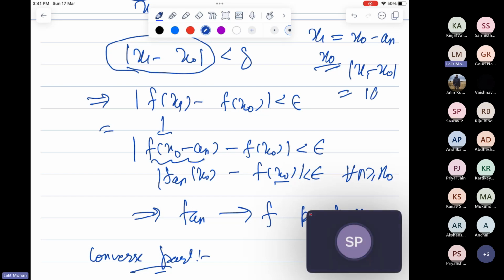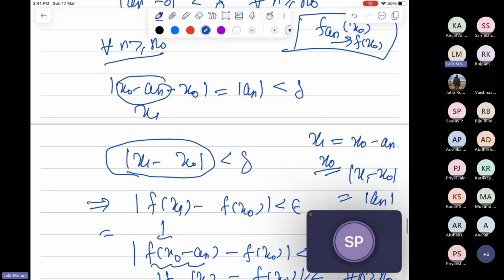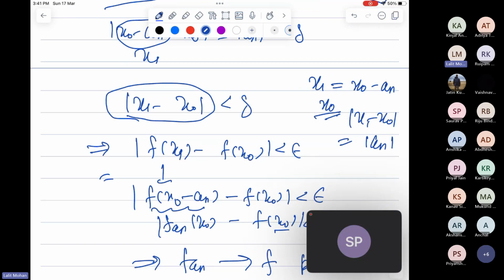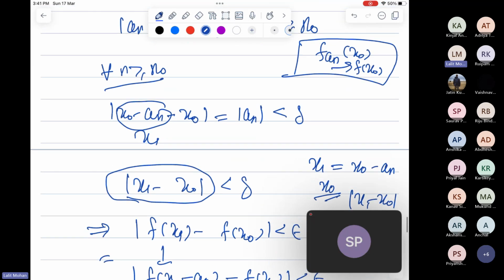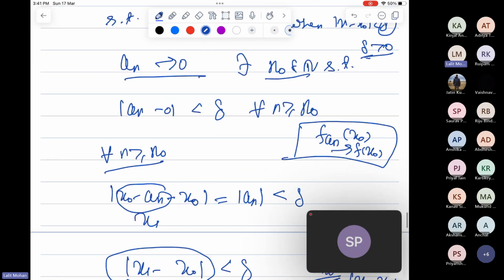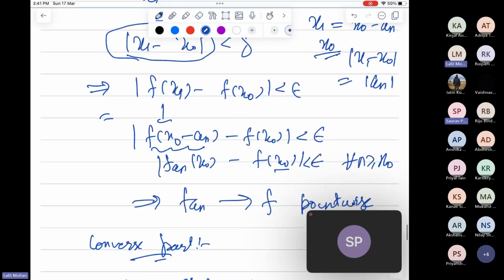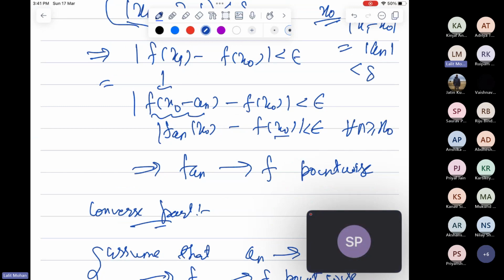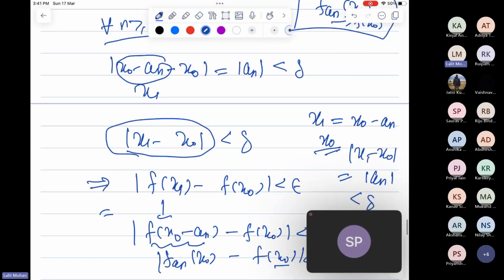Mode of an, right? Yes. But we are not computing for all n. We are computing only when n is greater than or equal to n naught. But when n is greater than or equal to n naught, our mode of an is less than delta. So it means that this difference x1 minus x naught is less than delta.